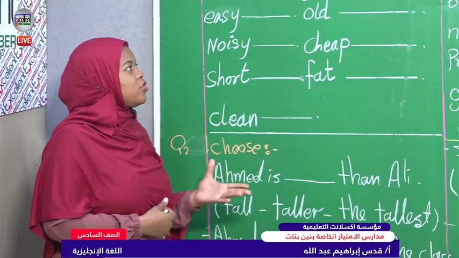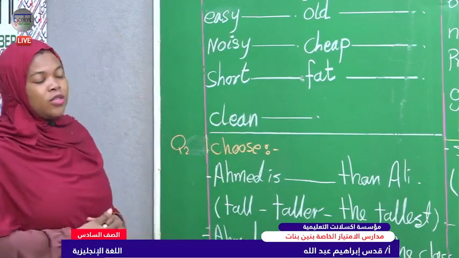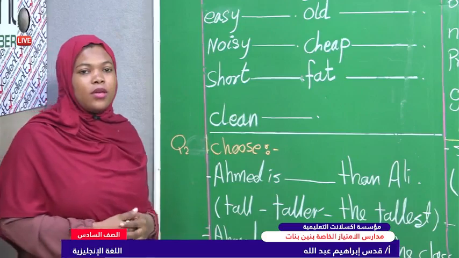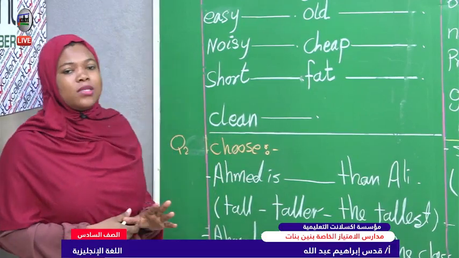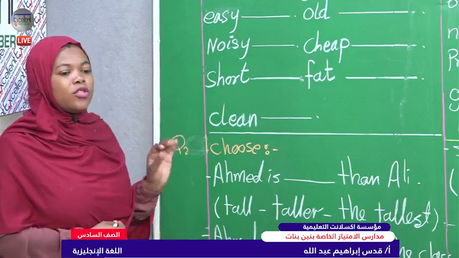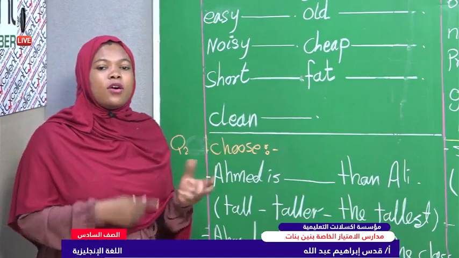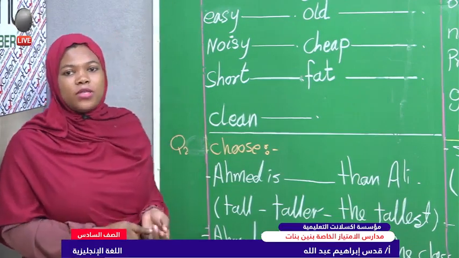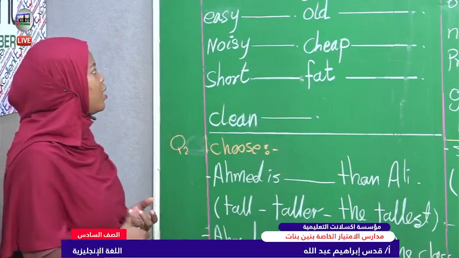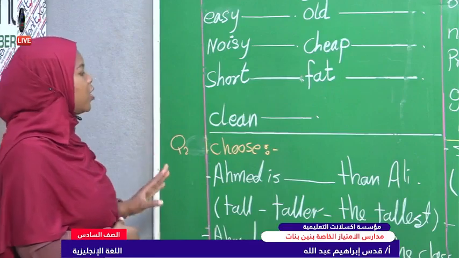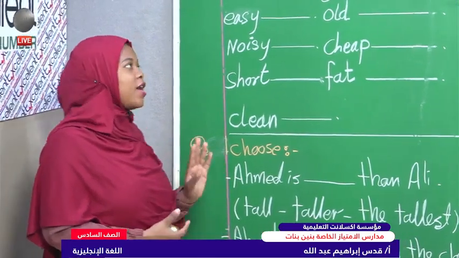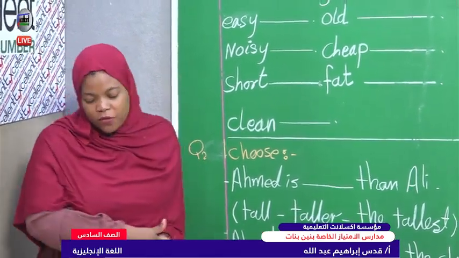The first question says, write the opposite of the following. Okay, so this is about the adjectives. Adjectives means الصفات. So every student must memorize the adjectives and their opposite. Here we have 9 adjectives, and they ask me to bring the opposite of the adjectives.